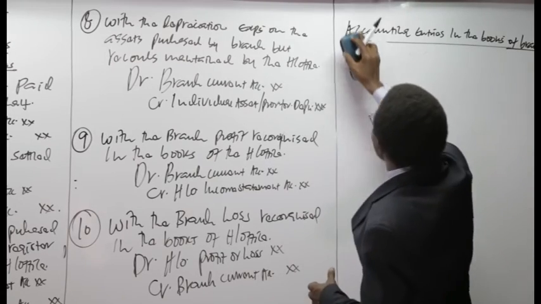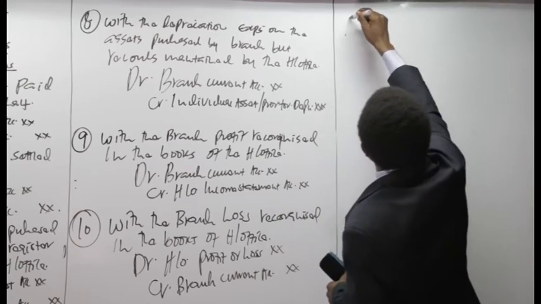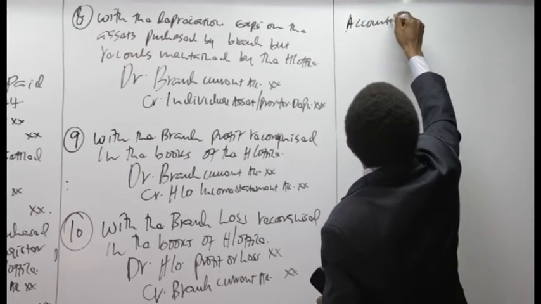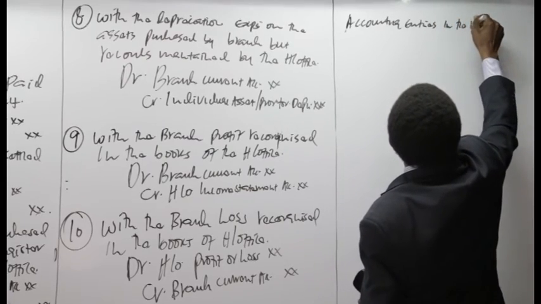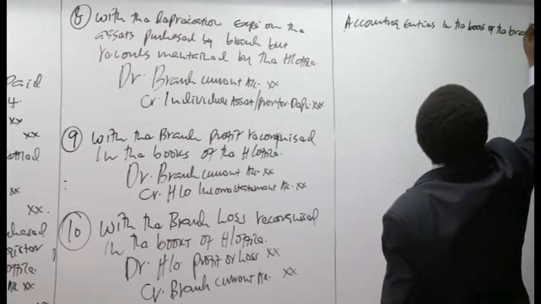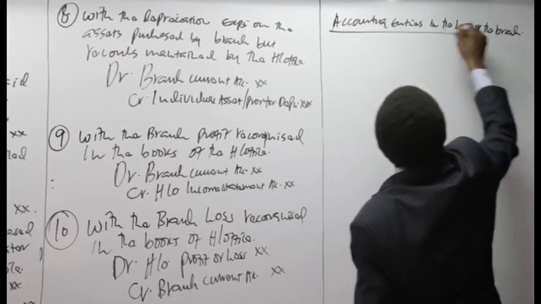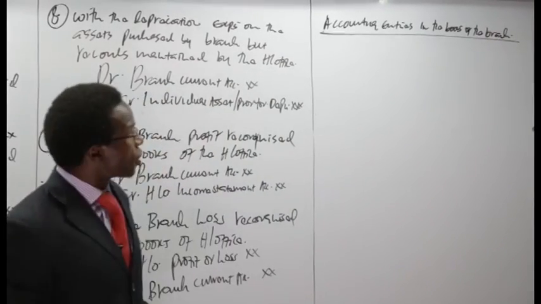The books of the branch. So we say accounting entries in the books of the branch.